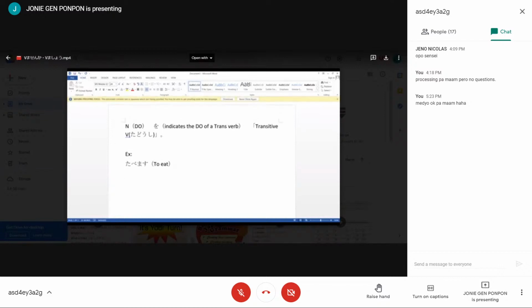So to use that in a sentence, what is your direct object for the verb tabemas? Let's say sushi. So sushi o tabemas, meaning I will eat sushi, since it's a present or future affirmative.